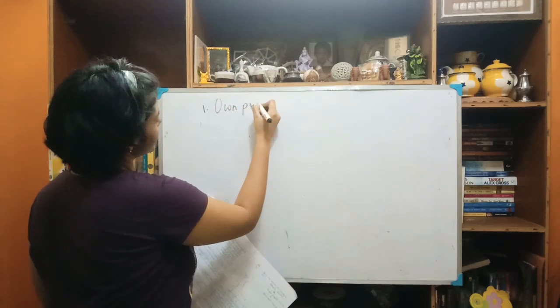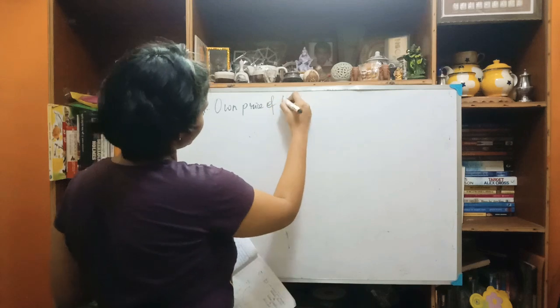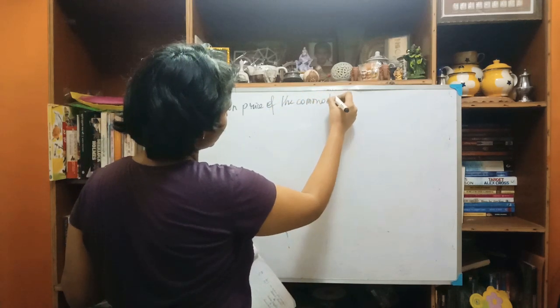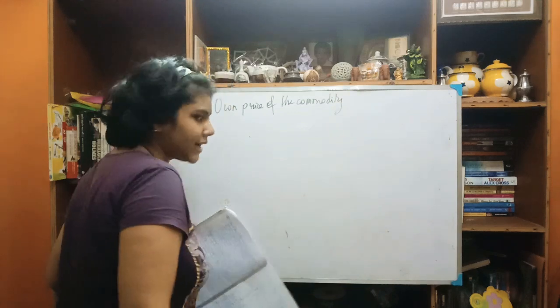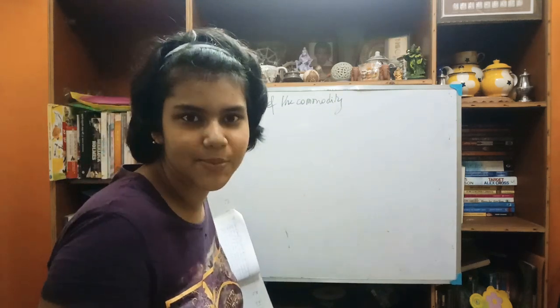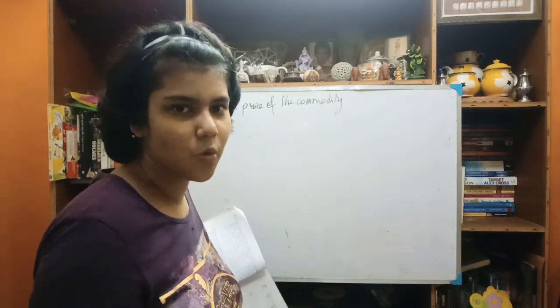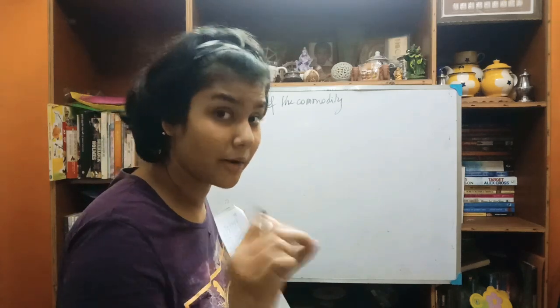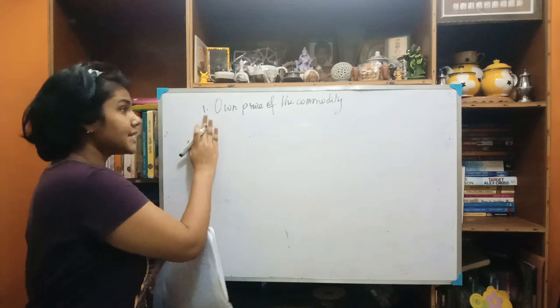Own price of the commodity. Let me tell you one thing. In the ABS book, there is something called market demand, factors affecting market demand. I'll explain that also. This is individual demand.